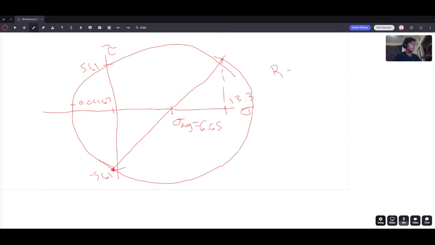So radius equals the square root of 6.65 squared plus 5.61 squared. So the radius is 8.7.